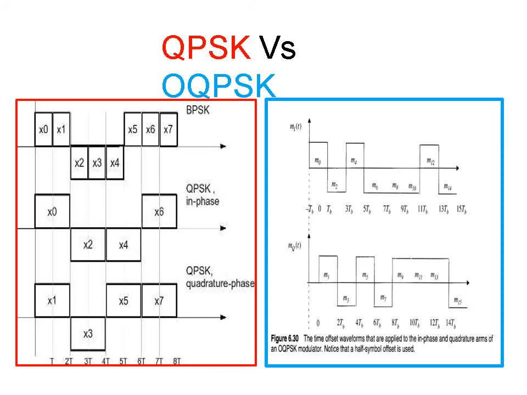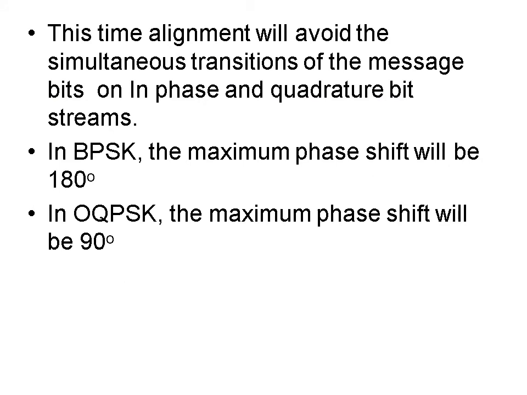The time offset waveform in the in-phase and quadrature arms of the OQPSK modulator is represented. This time alignment will avoid the simultaneous transition of the message bits on the in-phase and quadrature bit streams. In BPSK, the maximum phase shift will be 180 degree. In OQPSK, the maximum phase shift will be 90 degree.